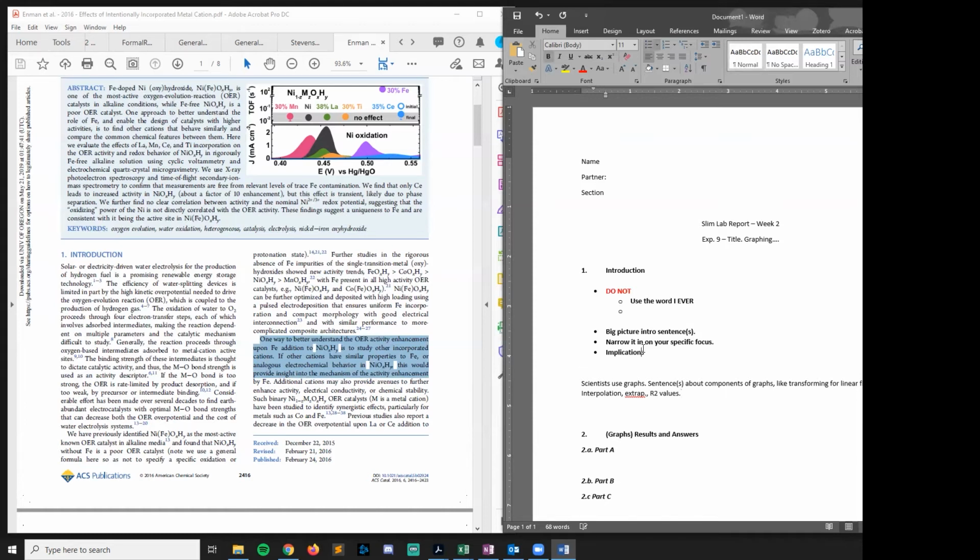So you might want to say that for your implications, right? So this could have a big relationship to the question in lab, the dangers of extrapolation.